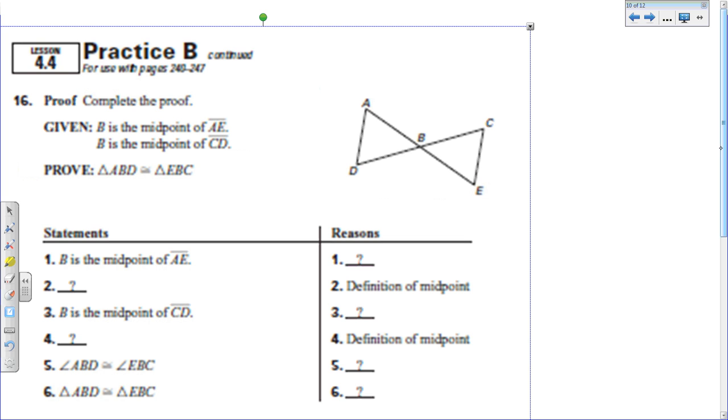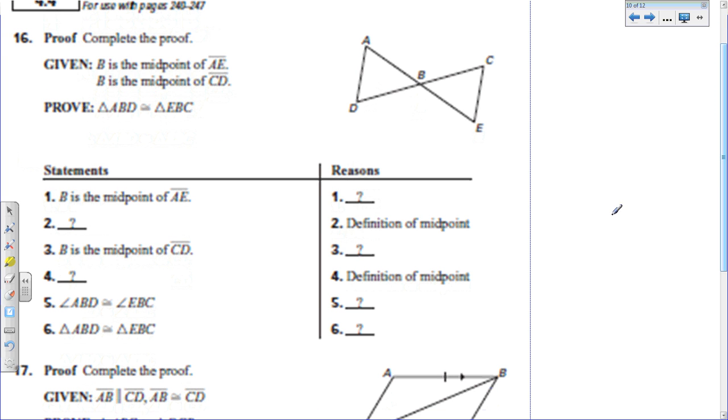Next page. Moving right along. B is the midpoint of AE. How do we know that? Given. Then, if that's the midpoint, what's that tell you about what's happening here? If it's the middle point of this segment, it tells you that this is congruent to that. So AB is congruent to BE.